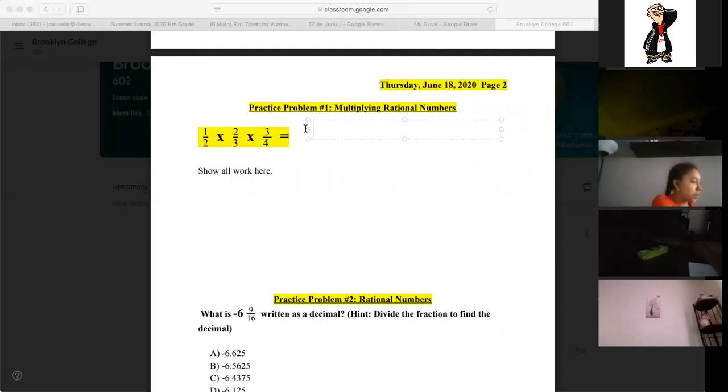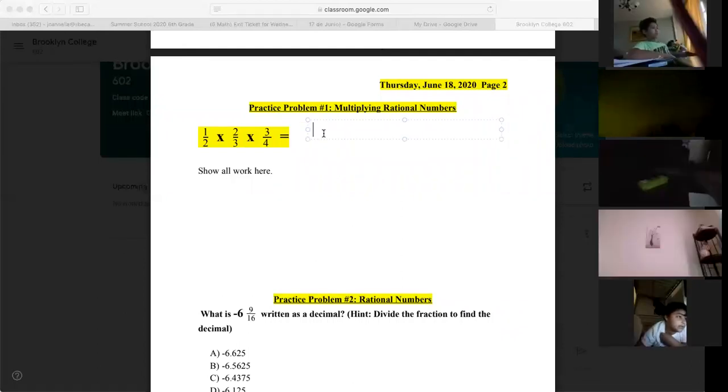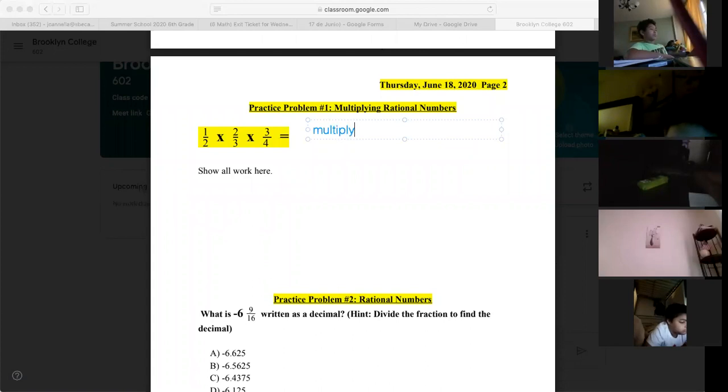All right. 1/2 times 2/3 times 3/4 equals. All right, Chris, so we're multiplying fractions. When we're multiplying fractions, what do we do with the numerators? We multiply. What are the numerators?